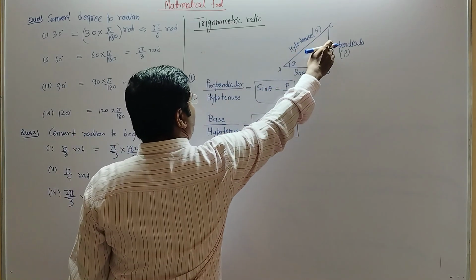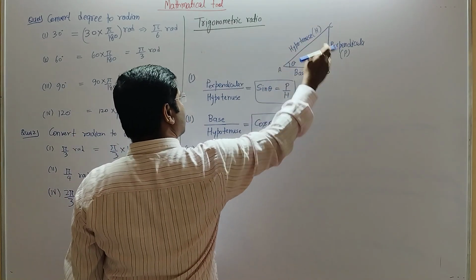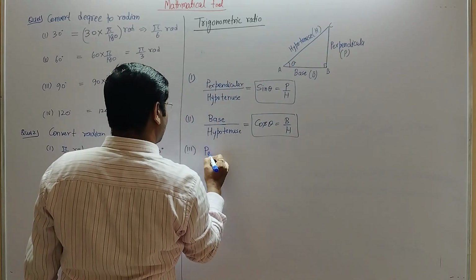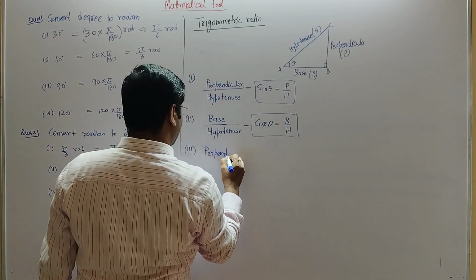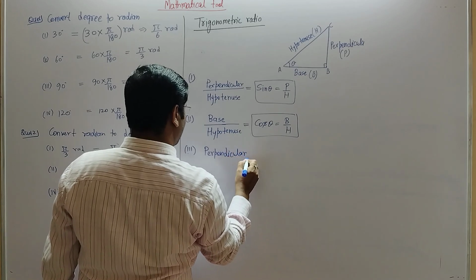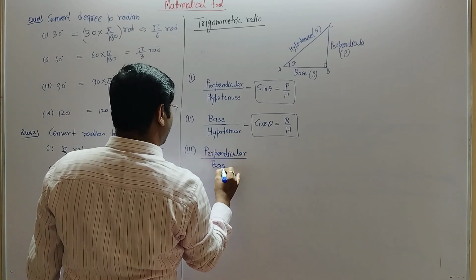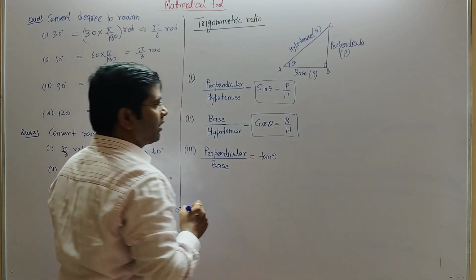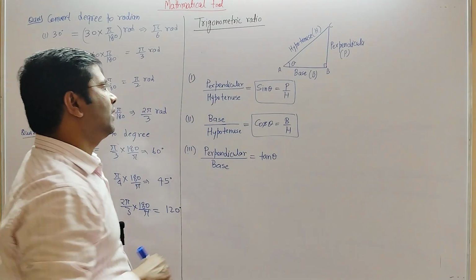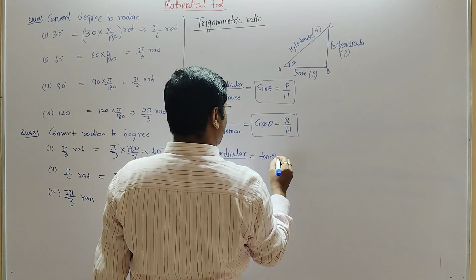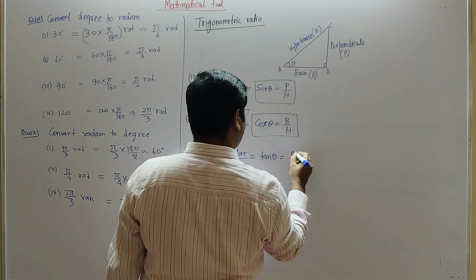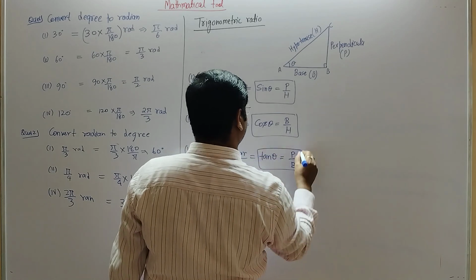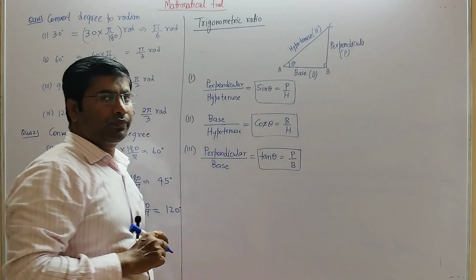Third one, perpendicular upon base. This value will be known as tan theta. The ratio of perpendicular upon base is tan theta, and in shortcut we can write P upon B, base. So we are getting three formulas.